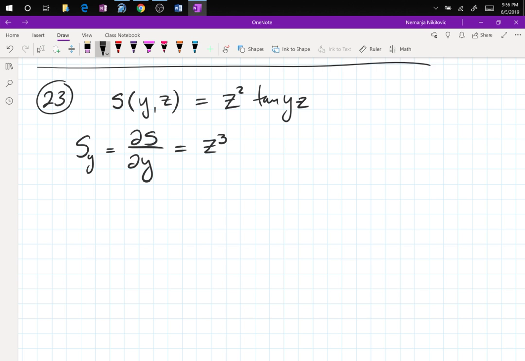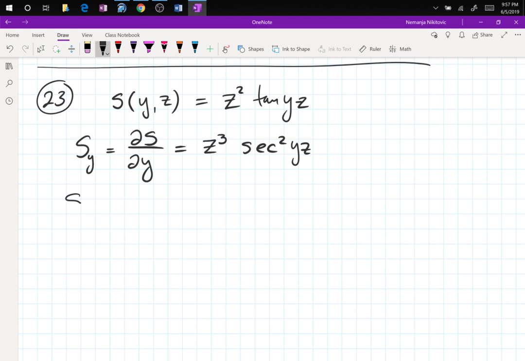Another z is kicked out, and now we have secant squared, the derivative of tangent, and we still have yz as our argument. So we only focus on the variable that we are taking the derivative with respect to, and that variable is the only variable. All other variables become constants.